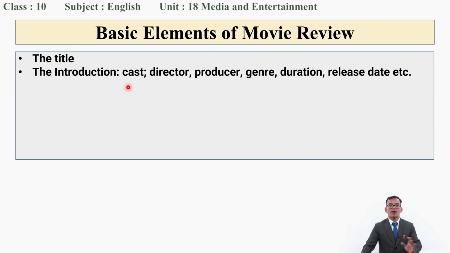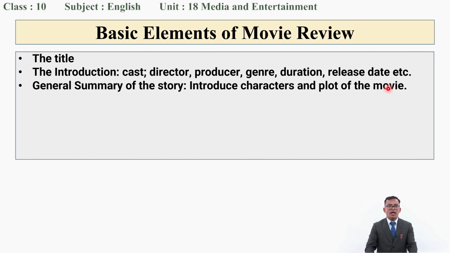You talk about the cast, the director, the producer, and what genre it belongs to. You can talk about the duration, how long the movie goes, the release date, and so on. And you can give a general summary of the story, introducing the characters and plot of the movie in a very short and sweet manner.